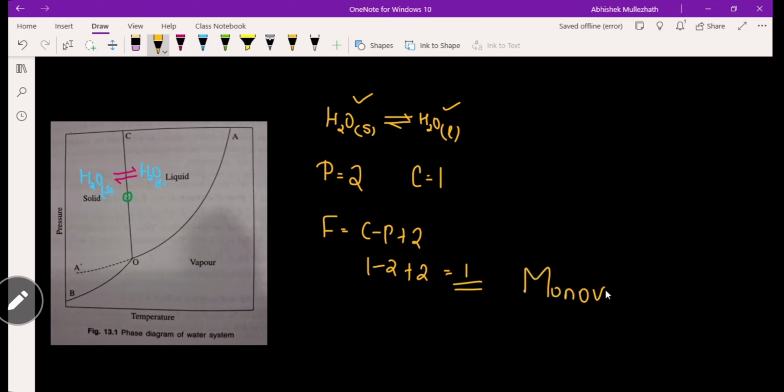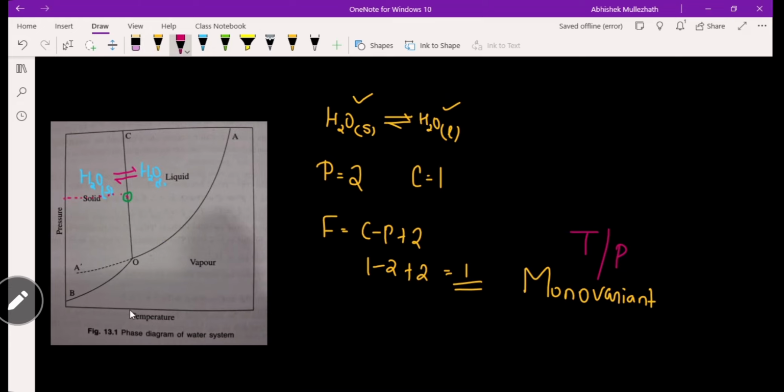Now monovariant indicates that either temperature or pressure would be required to define this system. Let us understand how. Our system is this, right? If I only mention the pressure, you can exactly point out that your system is at this particular point.